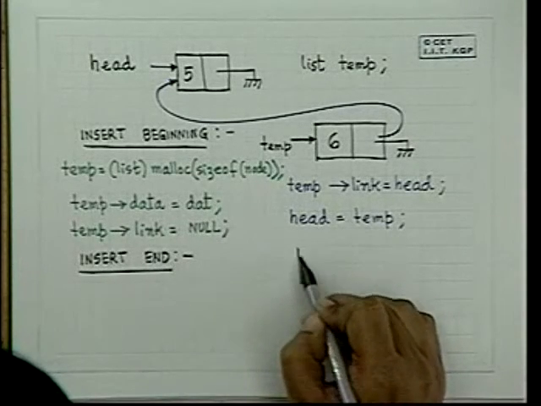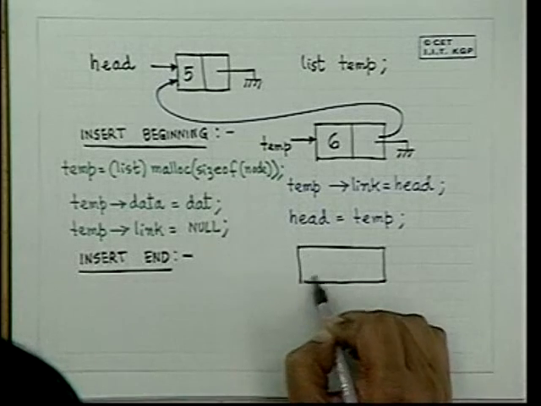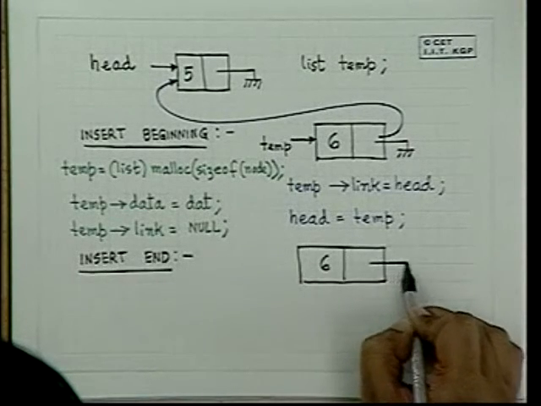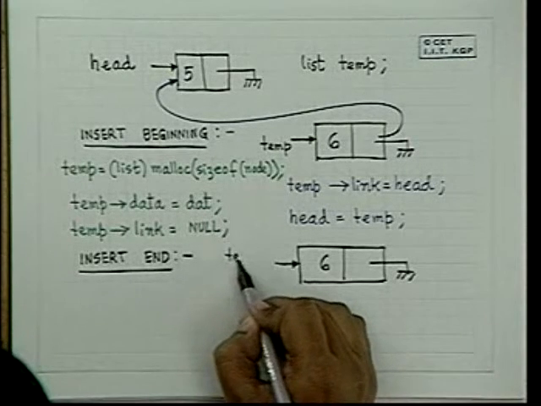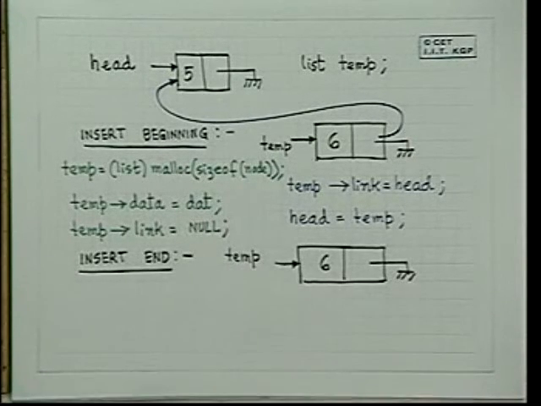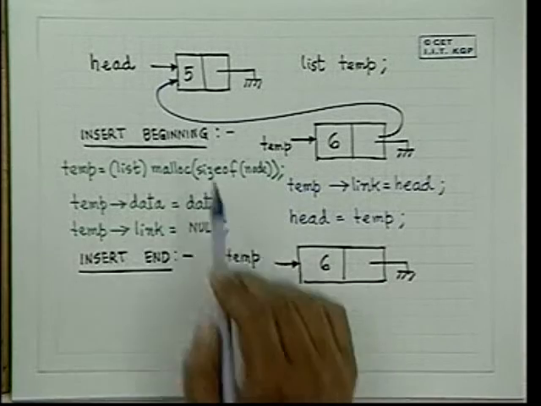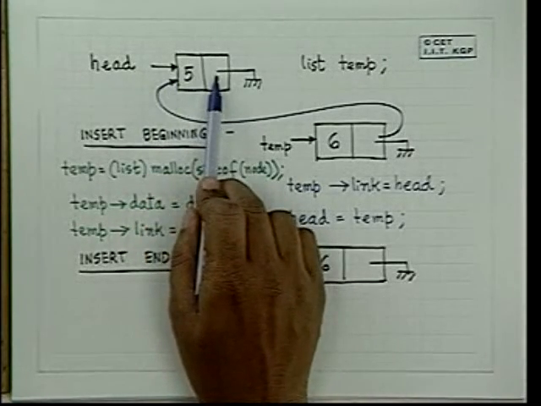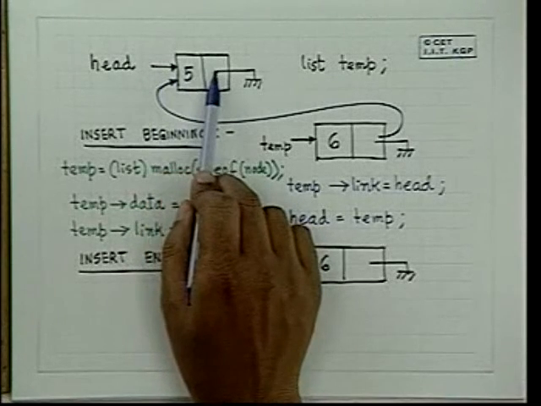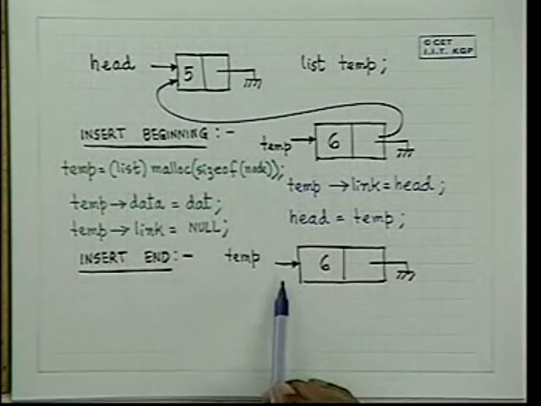you've got a structure like this. You have to, this is a list. If it is only one element, there is no problem. Then head dot link will be assigned temp.